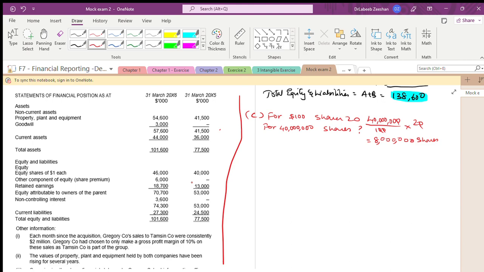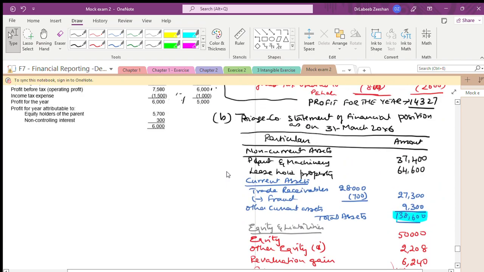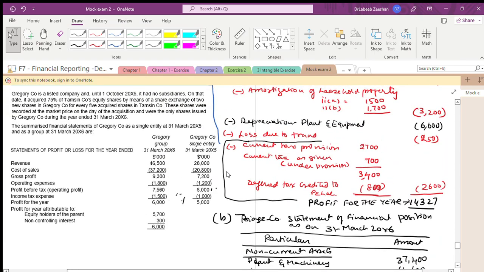What is the EPS? EPS is nothing but profit after tax divided by number of shares. What is the profit after tax? We have done that. How much is the profit after tax?